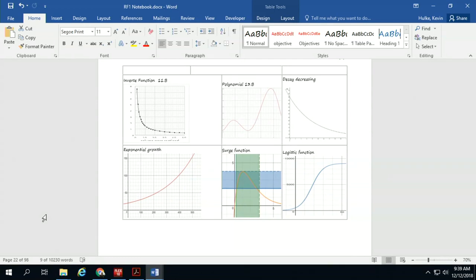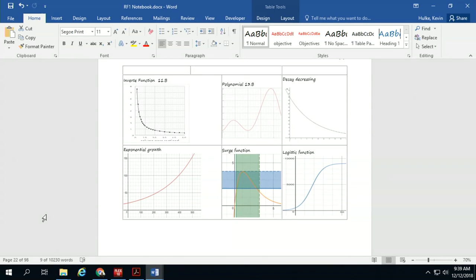But the test question was, what power is this polynomial? 4. Good. It's supporting. How do you know it's supporting? Because the power is always at least as big as the number of turning points that you have.